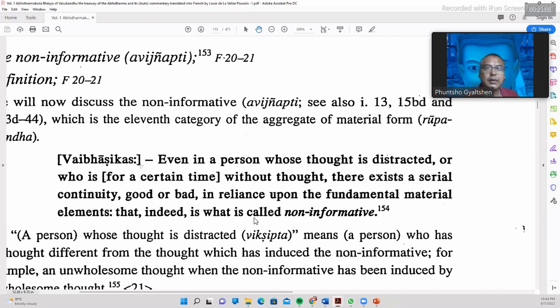Now, we can talk a little bit more about the vows here.